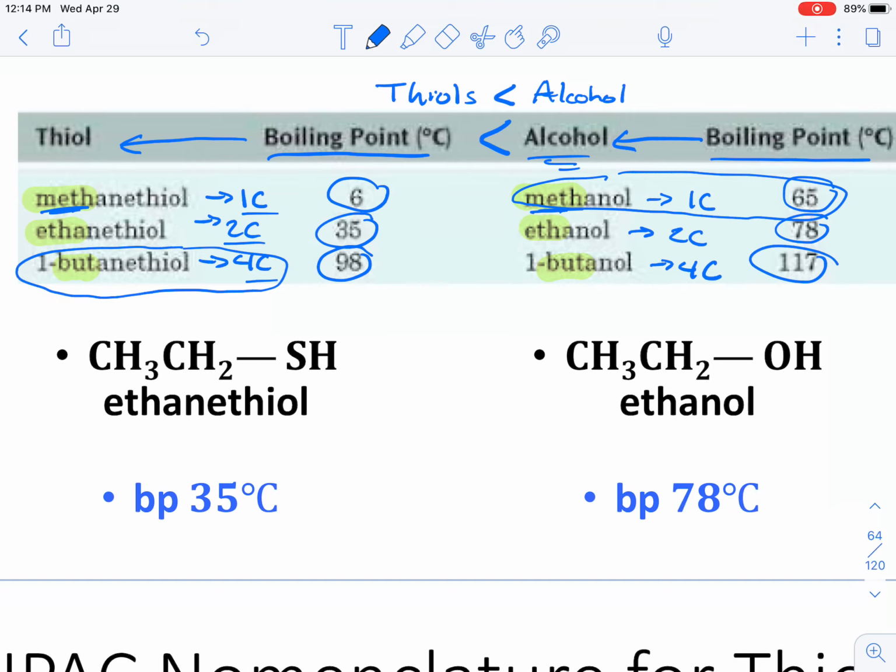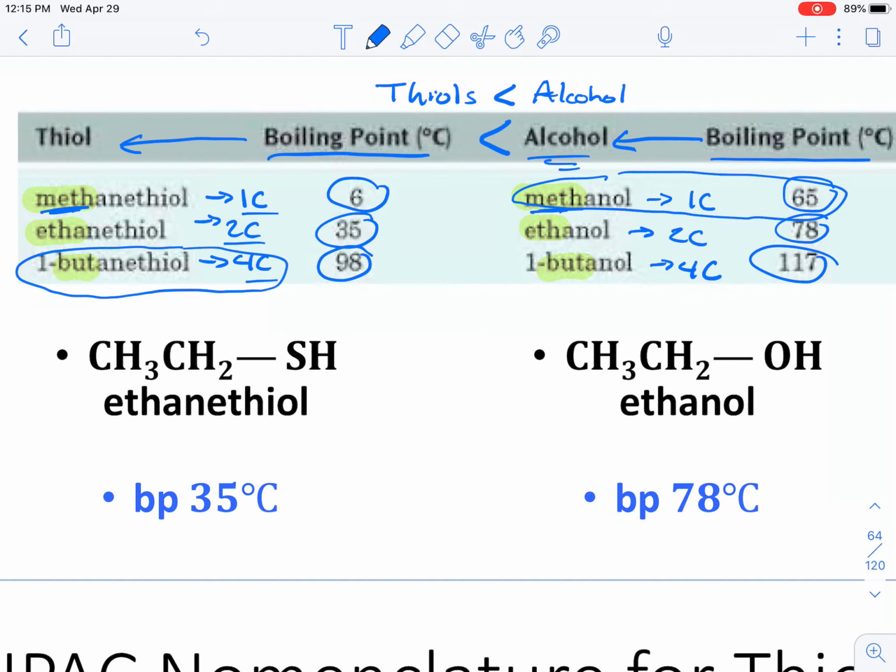And so whenever you guys are making these trends between boiling points and melting points, you want to make sure that you're comparing the melting points and boiling points of thiols and alcohols that have the same number of carbons, same shape and size, or similar shape and size, similar molecular weights.